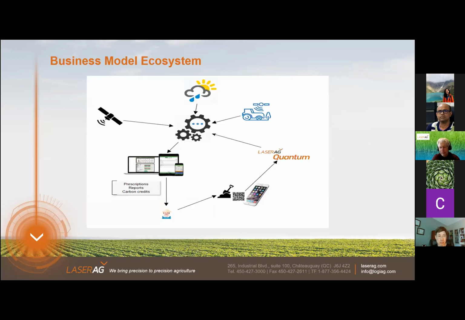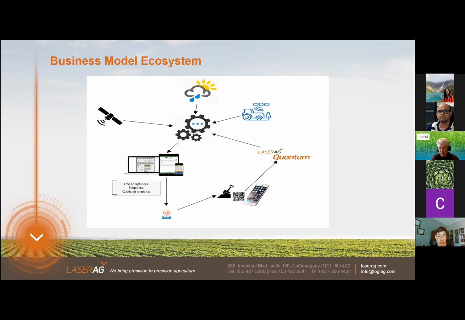The way we see ourselves within a business environment is that we use a lot of information to make a prescription or recommendations for farmers. The information and the data comes, of course, from the farm, but also from the machinery of the farm. For example, the yield monitor on combines will give us yield information, seeding information, and so on.